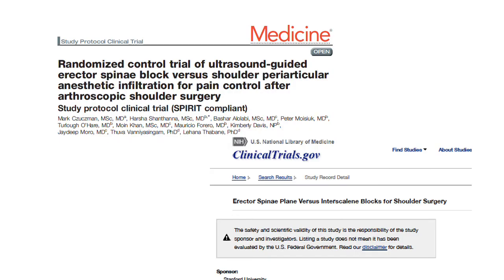In fact, there are some ongoing studies to look into the comparison between the erector spinae block and shoulder periarticular injection or the interscalene nerve block. So let's see whether the ESP block will turn out to be another proven alternative to interscalene block.